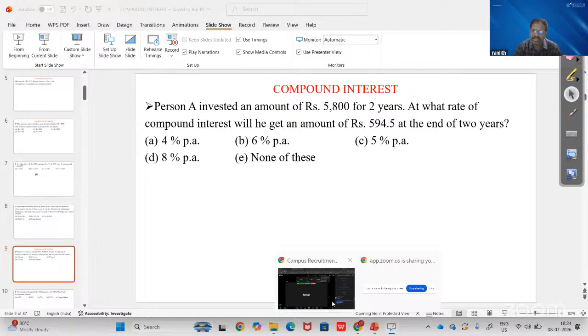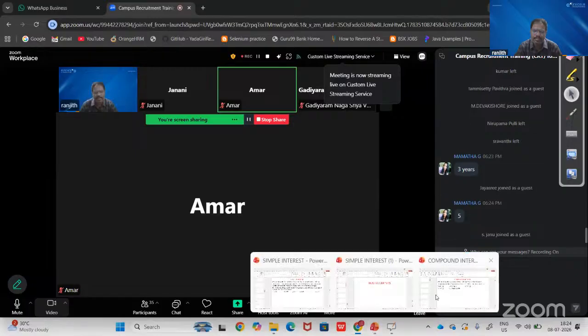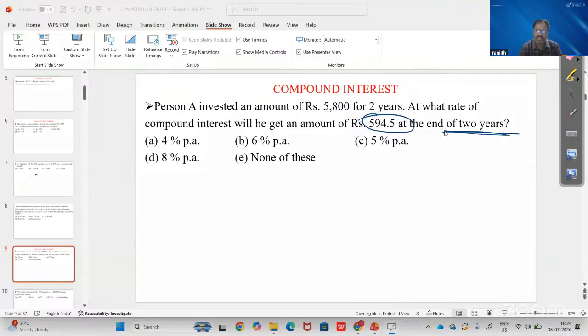So what is the answer here? What is the answer? 5. Okay, just look at here. A person invested an amount of 5,800 for 2 years. At what compound interest rate will you get an amount of 594.5 at the end of 2 years? So principal equals 5,800.